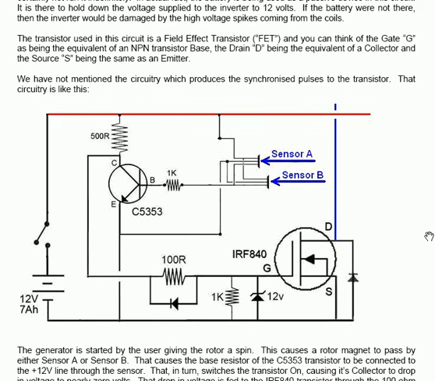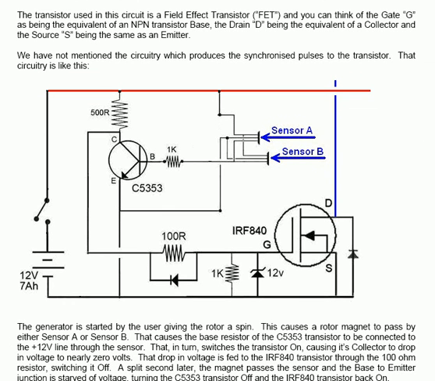The positive line comes in here on this one and then down across to the same connection on the second sensor. The central connection wires of the sensors are connected directly to the minus, so the sensors are both connected directly across the plus and the minus of the battery, and when the magnet passes by, the resistance of the sensors changes from very high to very low.